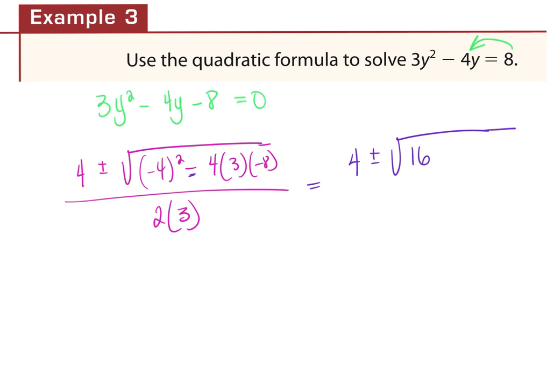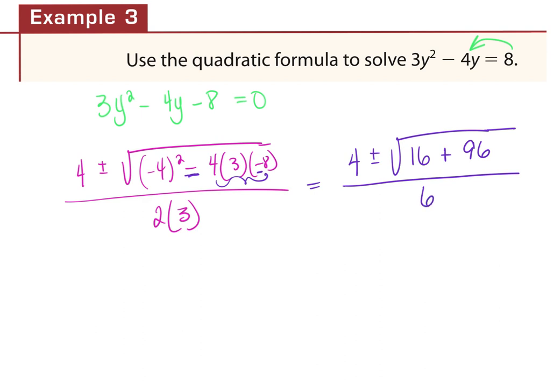This is a negative and a negative, so that tells you that's going to be plus, all right? Anytime you have the minus and one of these is negative, you're going to have a plus there, right? So we have 4 times 3, which is 12, times 8, which is 96, all over 6, all right?